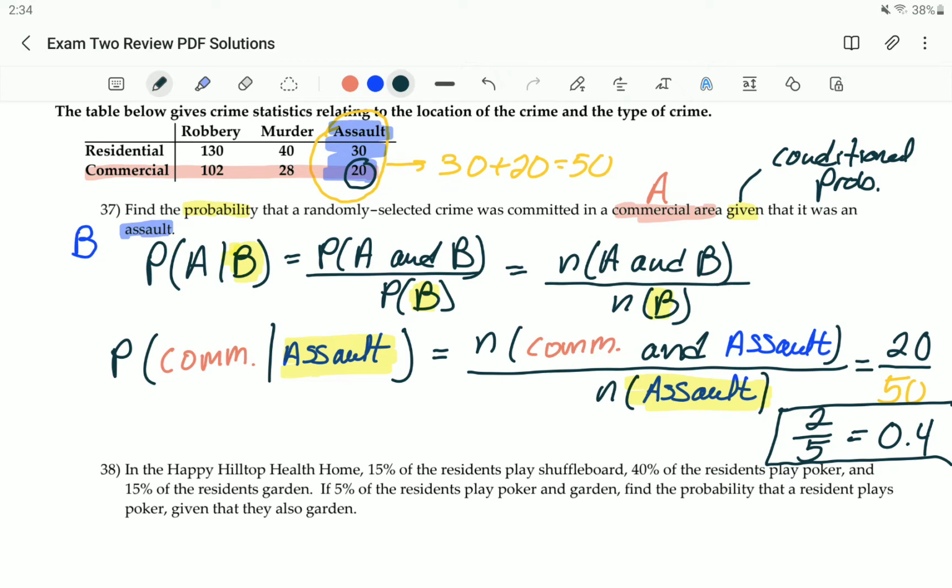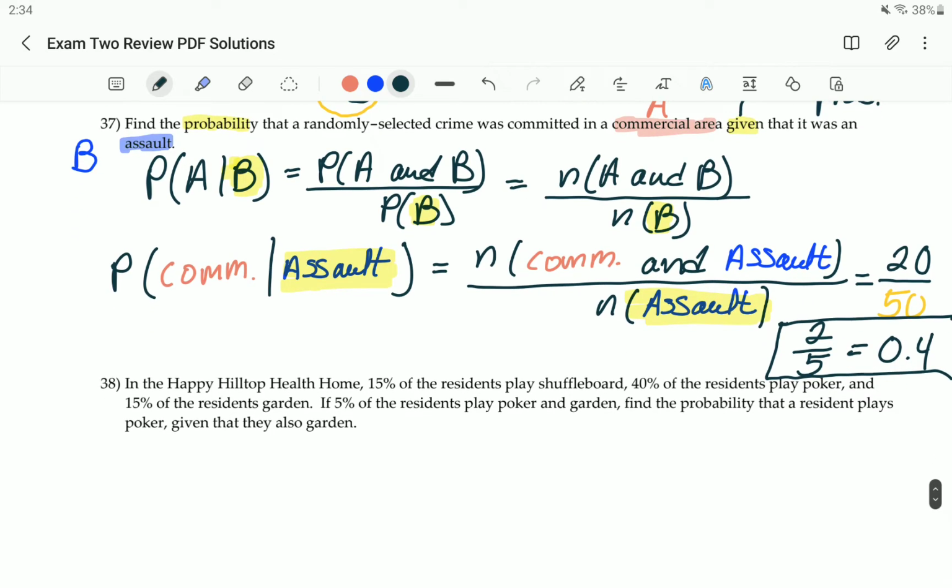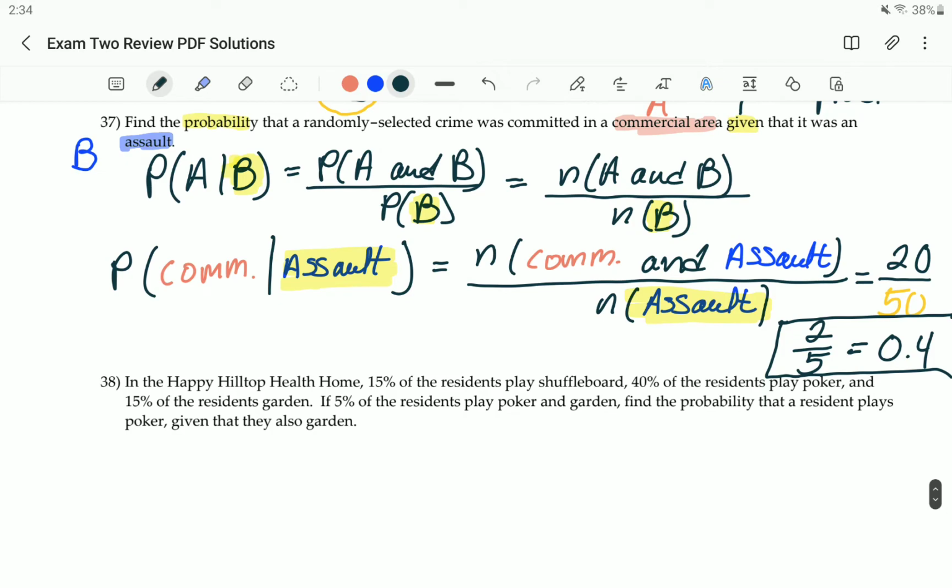All right, let's do number 38. In a Happy Hilltop Health home, 15% of residents play shuffleboard, 40% of residents play poker, and 15% of the residents garden.